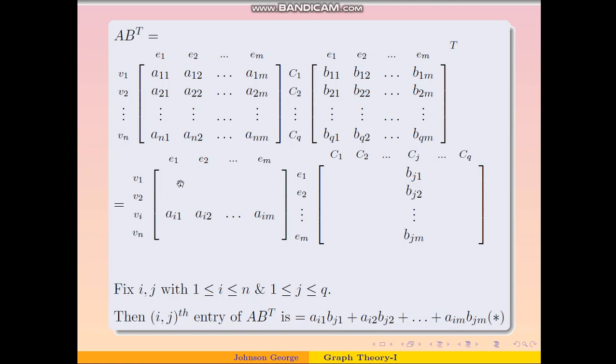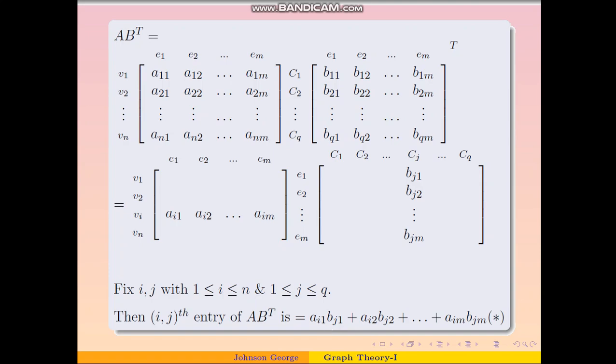So if none of the edges Ei which are incident on the vertex Vi is in the cycle Cj, then all the terms are 0, and therefore the addition will also be equal to 0, and therefore the ijth entry of AB transpose is 0. So in that case we are done.